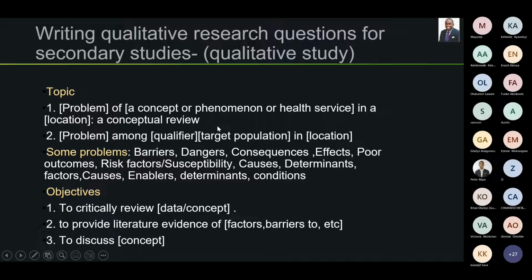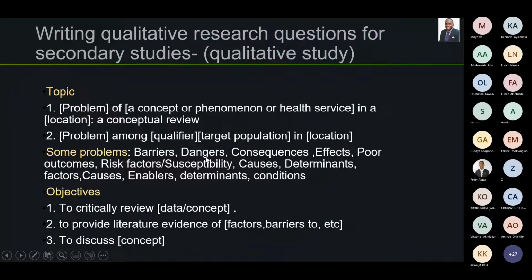So for example, let's say poor breastfeeding practices among Pakistani women in the UK, a conceptual review. I'm just giving you an example. Okay, so I've talked about getting a problem. When you type it in Google, try to look at the things that come up.